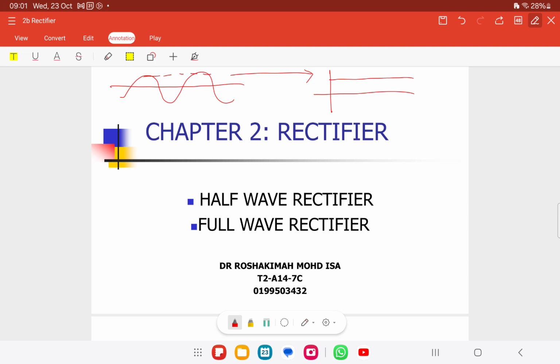Watt tu power dia, samalah kan. P equals to IV, dia boleh dapat juga. Kalau handphone charger saya rasa 5 kot, ke 12 juga. 20. Okay. Tapi dia bukan 240 kan. And it is actually DC value. Kalau you guys tengok pun kadang-kadang dia ada tulis DC.